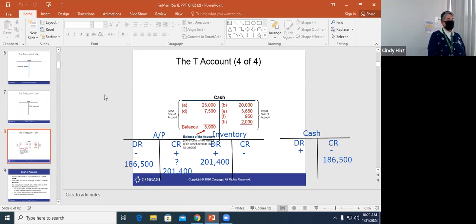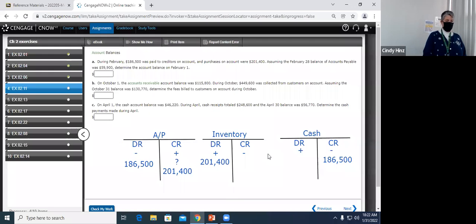We use the first open line. The T accounts don't actually show up like this in our accounting records anyway. These are just for us to visualize what's happening. So I wrote the debit to accounts payable on the debit side on the first open line.